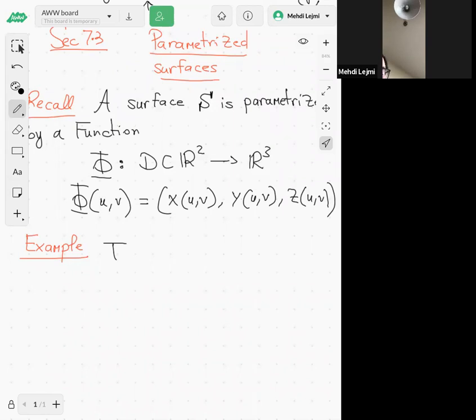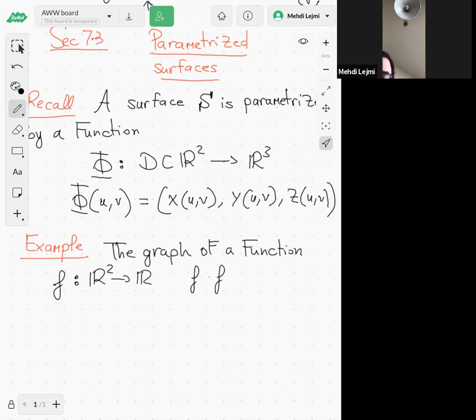So the graph of a function f, from R2 to R, a function of two variables, is actually a surface.